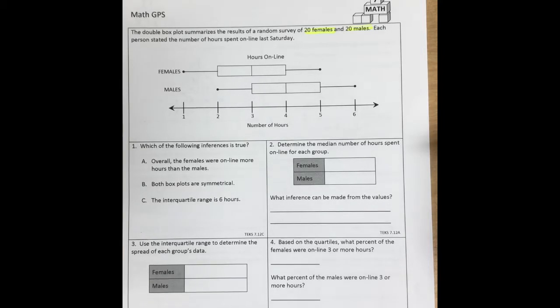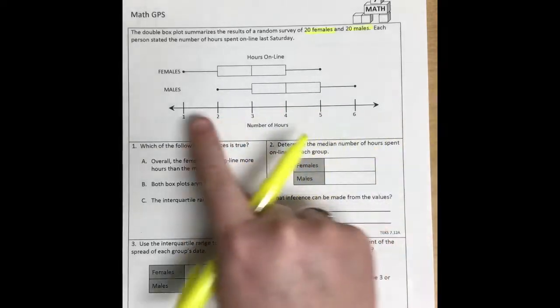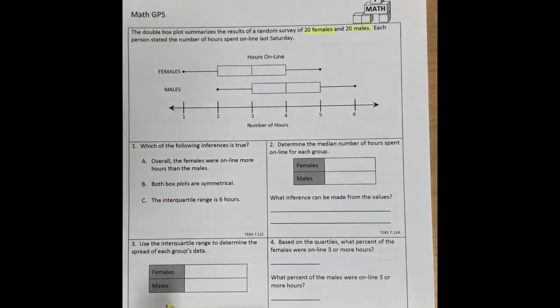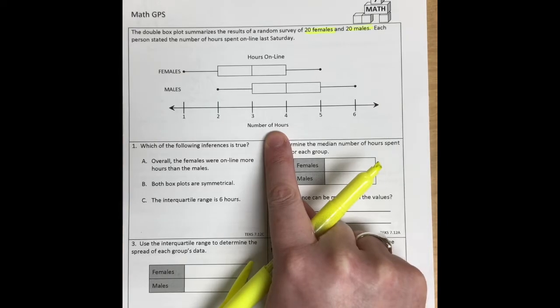That's 40 people total. Each person stated the number of hours spent online last Saturday. So here is our box and whisker plot for females. Here is our box and whisker plot for males. And here's the number line that represents the number of hours.